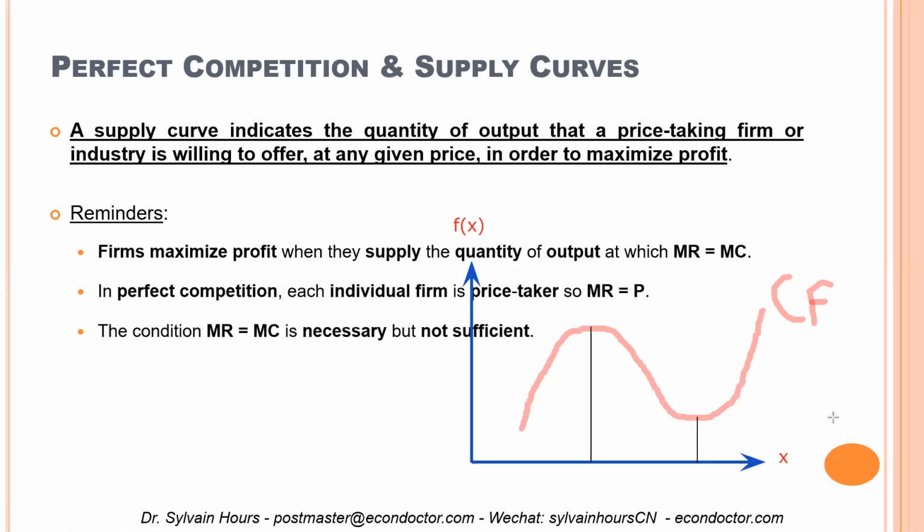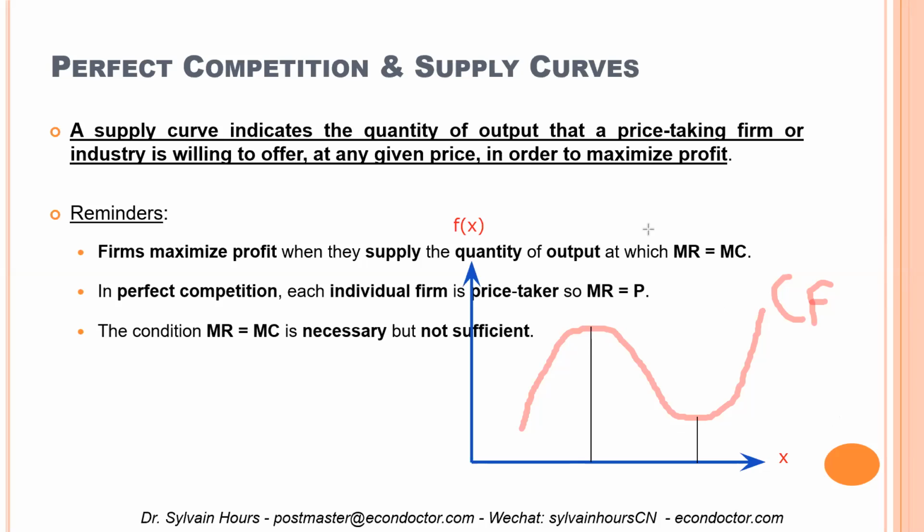And this is exactly the same thing when firms want to implement the rule MC is equal to MR. MC is equal to MR is just a first order condition. It just basically gives you that your profit function reaches an extremum. But this extremum can be a maximum or it can be a minimum.